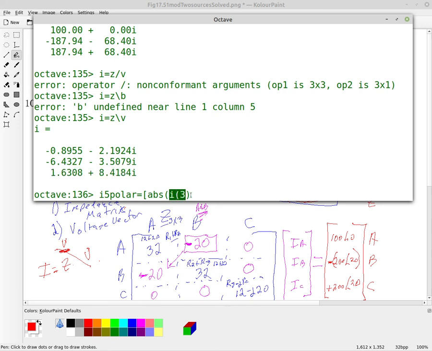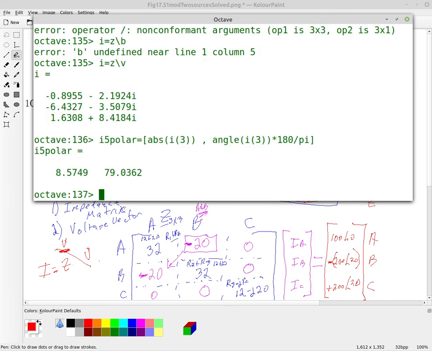So I'm going to say I(3) to just get that third value. Make sure you close all your parentheses, and then I'm going to use the angle function to calculate the angle. Now again, the angle is calculated in radians, so I need to multiply it times degrees. This time I'm going to multiply times 180 degrees and divide by pi radians, so the radians cancel out and I'm left with degrees.